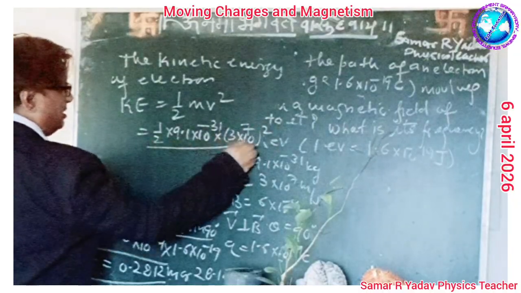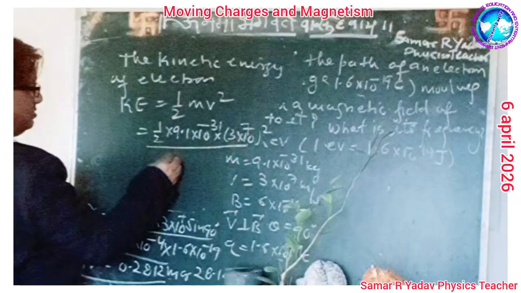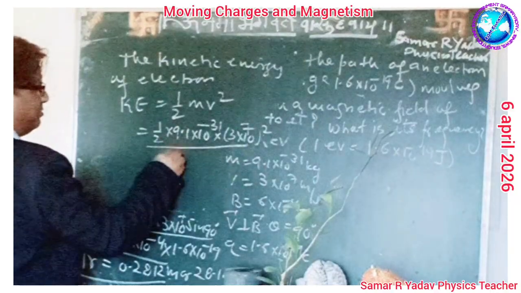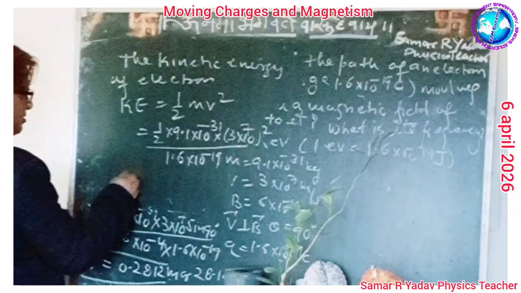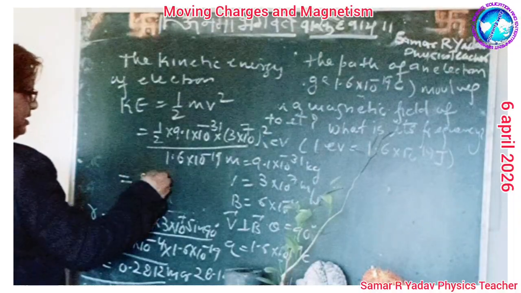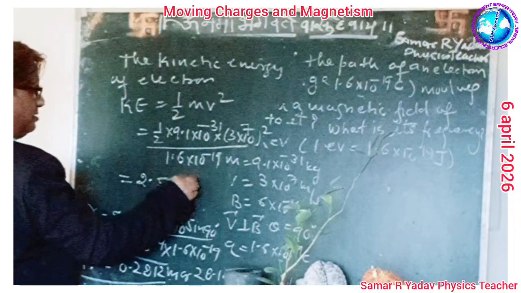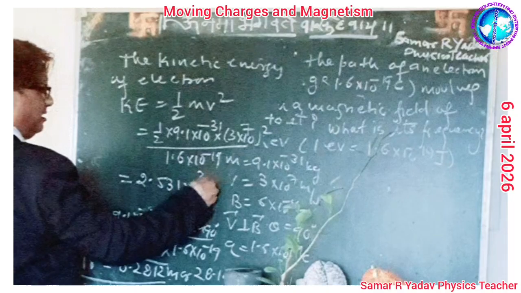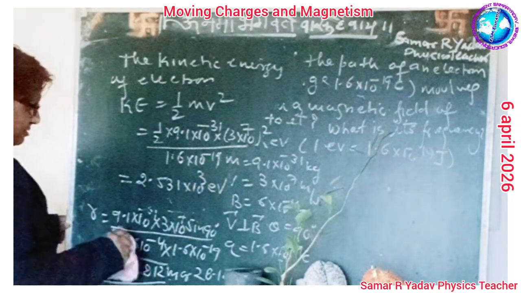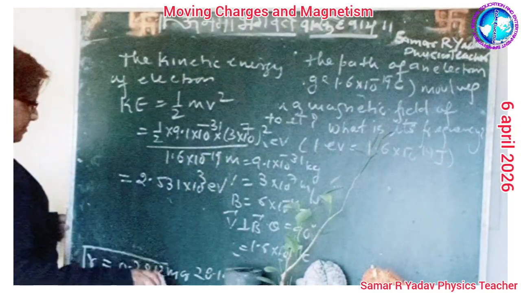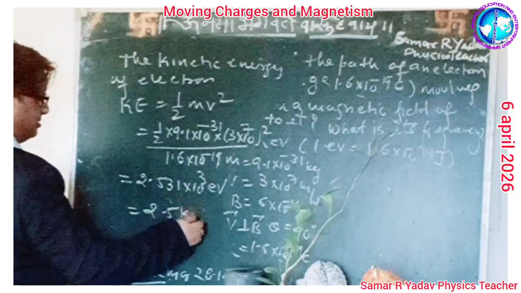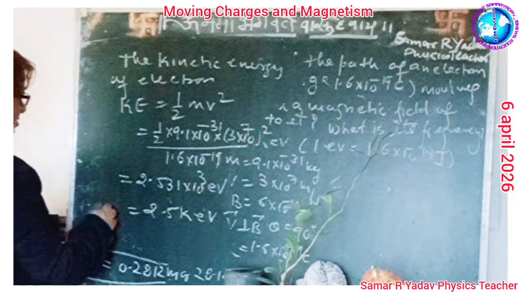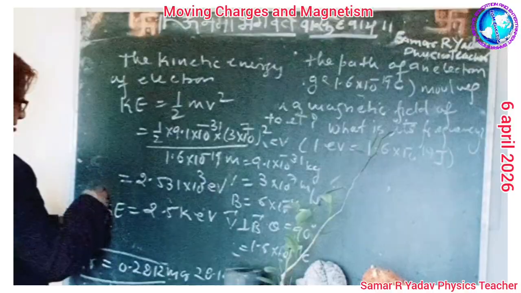Now we convert into electron volt, so we divide it by 1.6 into 10 to the power minus 19. Solving this, we get 2.531 into 10 to the power 3 electron volt. Simplifying, it is equal to 2.5 kilo electron volt, the kinetic energy of the electron.